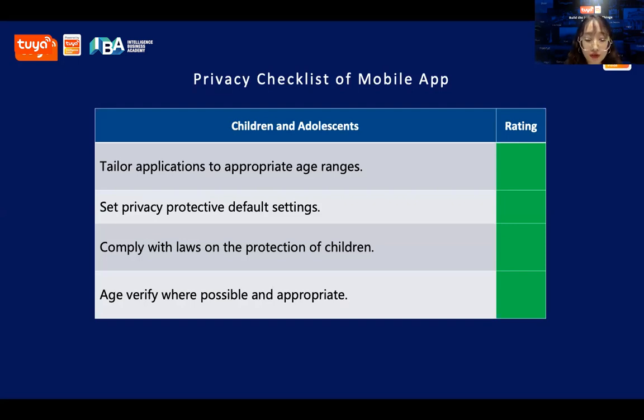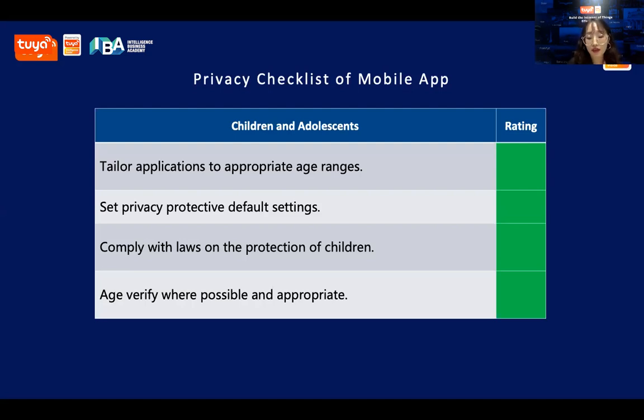So if some apps are targeting known-age minors, like a Children's Watch, you must build these privacy considerations into the app. There must be privacy-protective default settings, like alarm calls to their parents or guardians.